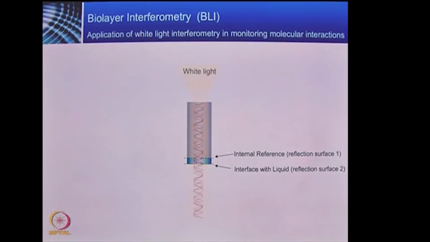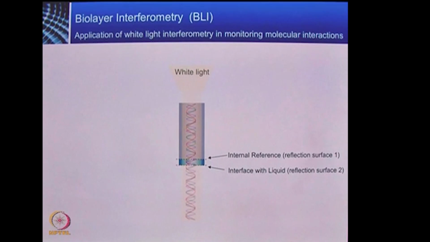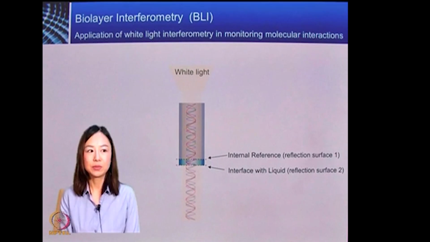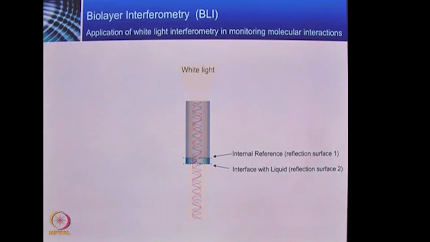When the biosensor is put into the BLI instrument, the instrument will generate visible light. This light will go through the biosensor, and some of it will be reflected from the two reflection surfaces.